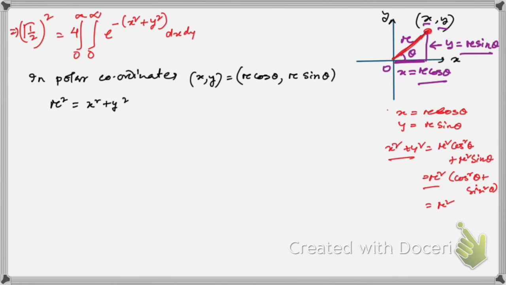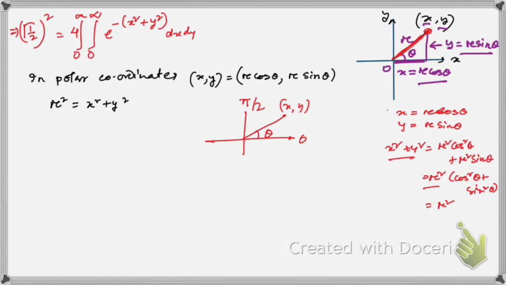And here you see one more thing. In this case, this is theta, and x comma y. When this theta changes from 0 to pi by 2, we're going to keep the lower limit as 0 and the upper limit as pi by 2. We're going to change the upper limit from infinity to pi by 2.